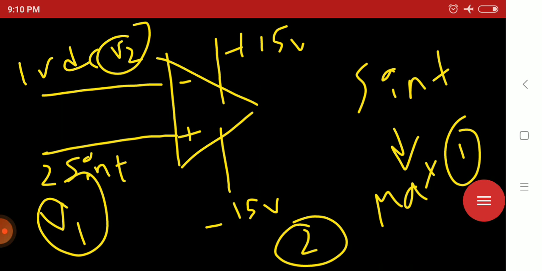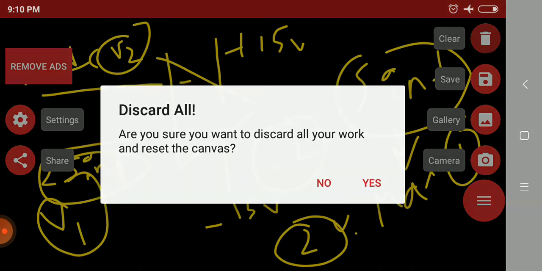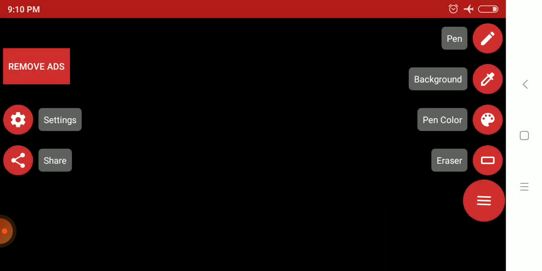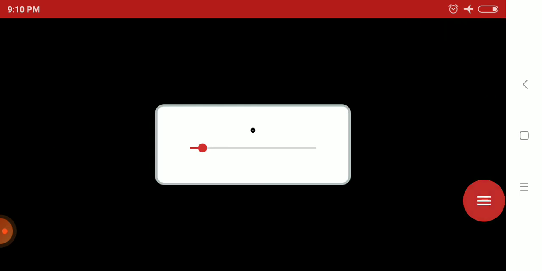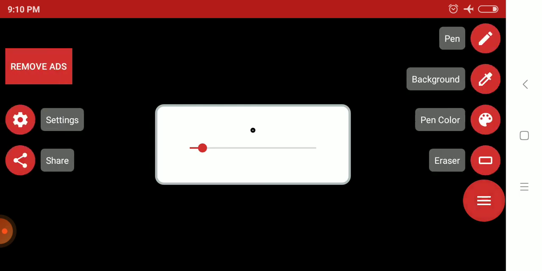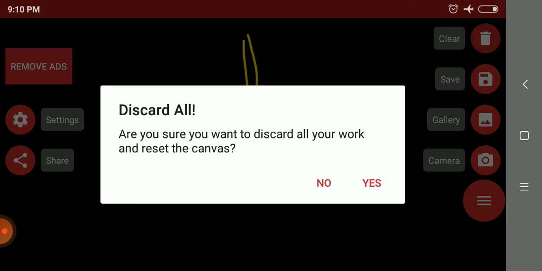So V1 maximum value is 2 volt, and for sine t minimum, 2 sin t becomes minus 2. Okay. So I'll draw the output versus input graph for this. In my next video, remember, I will start from this portion.